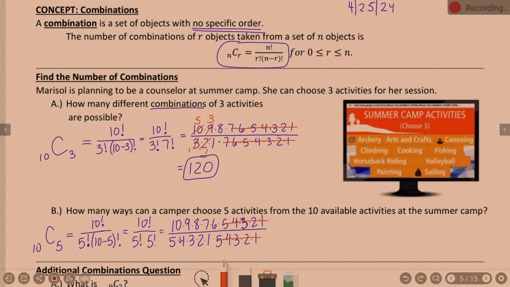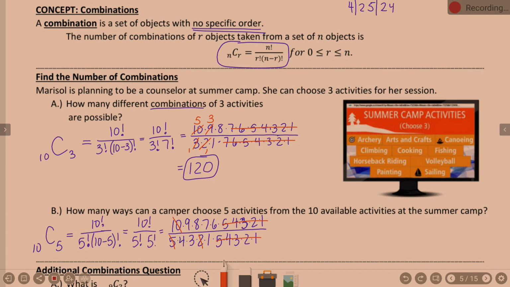Now, if we actually want to do something, how do you get 10? 5 times 2. Do we have a 2? Could we say 5 times 2, which is 10, cancels with 10? We could use the 2 with any of these numbers. But here's an option, because if I would have done 5 and 10, this 10 would have become a 2. This 2 could cancel here, couldn't it?